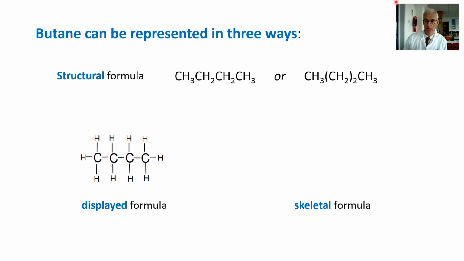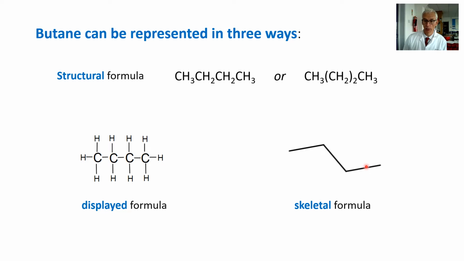So butane as a skeletal would be like so. So we've got one carbon here, the second carbon, the third and the fourth. So a bond between the first and the second carbon, between the second and the third, and a bond between the third and the fourth carbon. There are no carbon atoms shown. There are no hydrogen atoms shown.